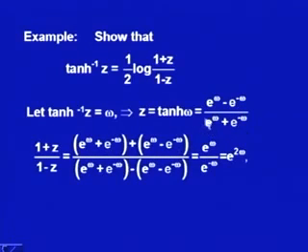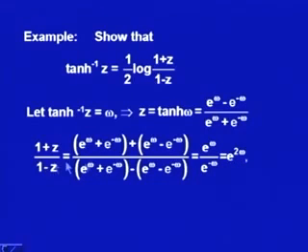Then we simplify this expression as 1 plus z over 1 minus z is equal to e^w minus e^(-w) plus e^w minus e^(-w), and similarly the denominator is 1 minus z, and simplifying it, this gives me e^(2w).